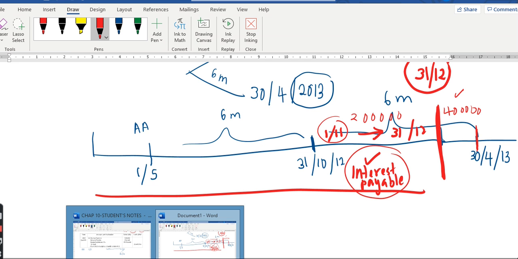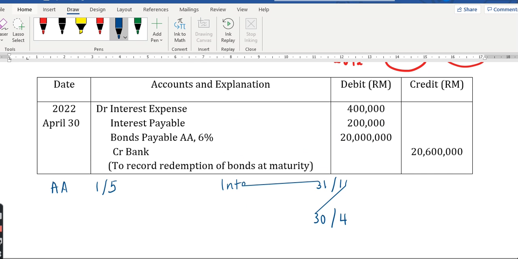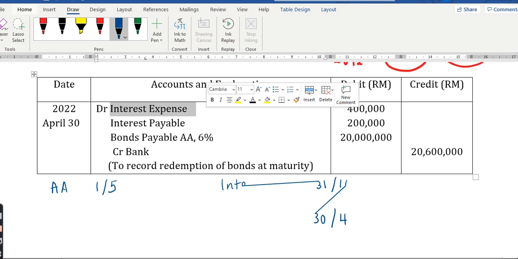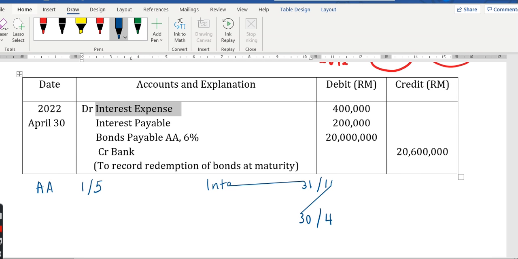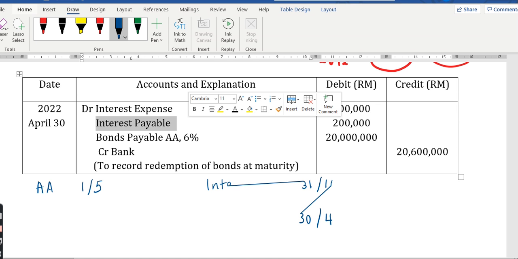That is why during the redemption, towards the end, you have two payments of interest that are separated. This one is for the current year, from 1st of January until 30th of April, and this 200,000 is for the previous year, from 1st of November until 31st of December.